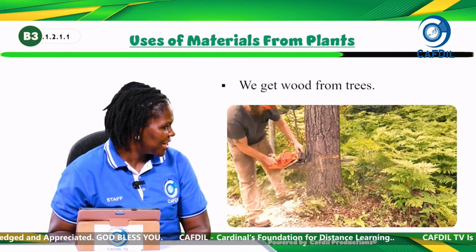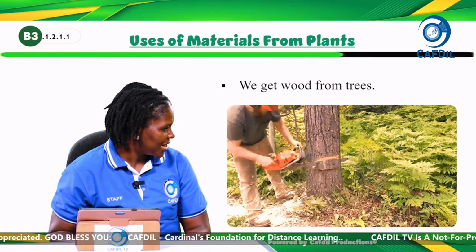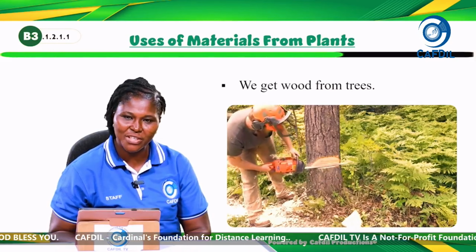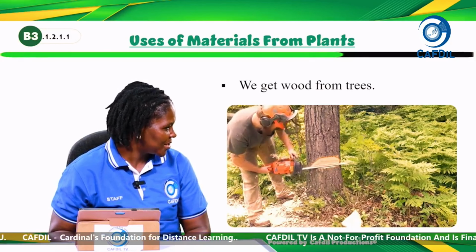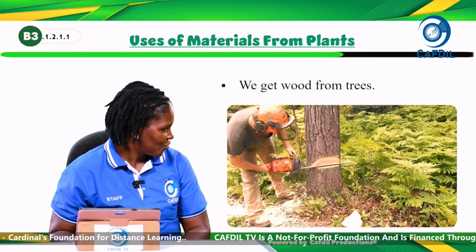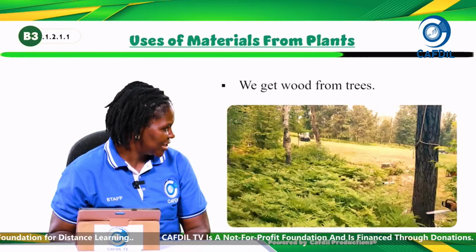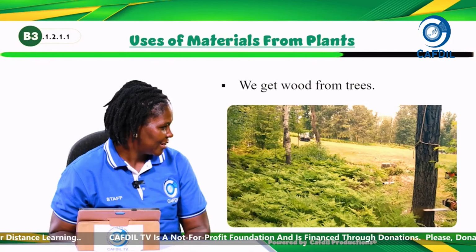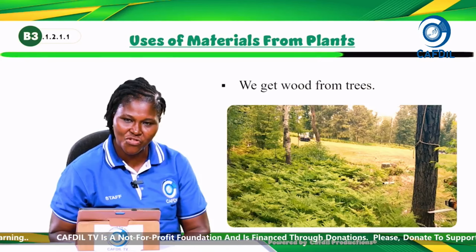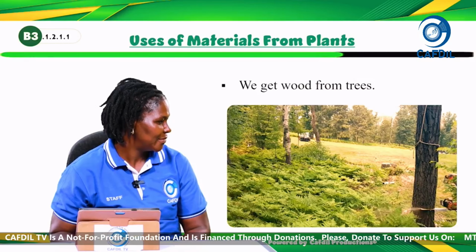There is petrol in the machine. It doesn't use electricity, it uses petrol. And we have an engine there. It's working. Let's look at how they cut big trees down.